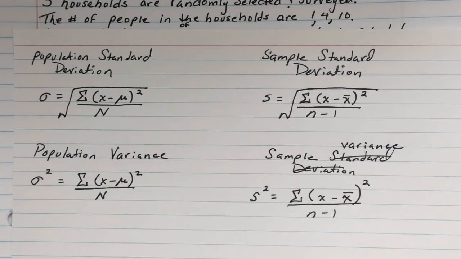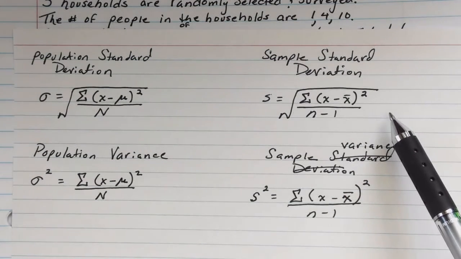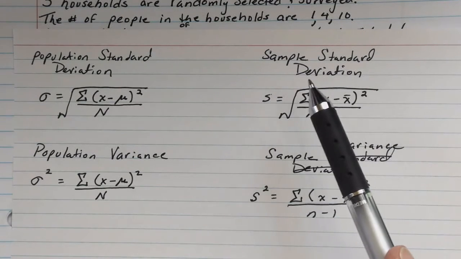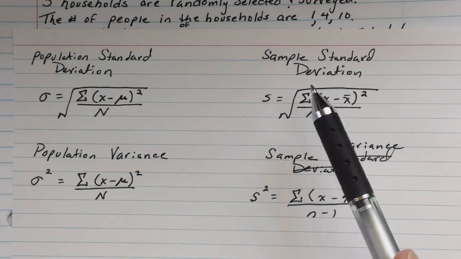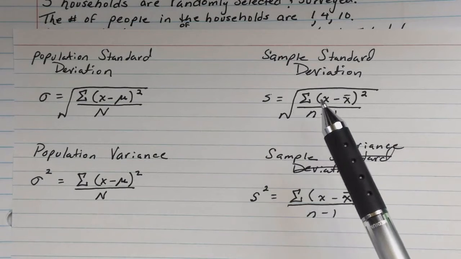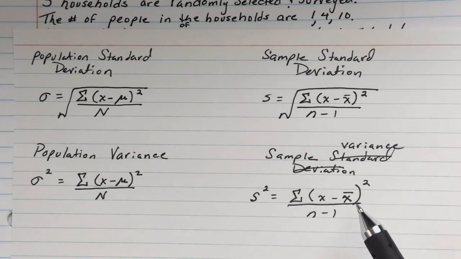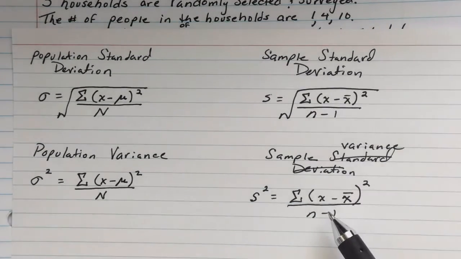Notice that your variance is just your standard deviation squared. So for the first part of the problem, since they tell us it's a sample, we're going to use the sample standard deviation and then square it to get the sample variance. So we're going to use these formulas first.